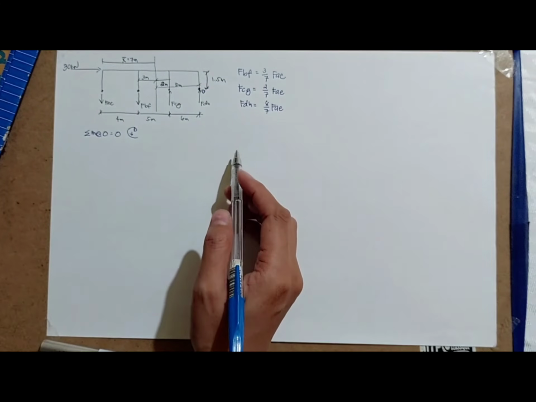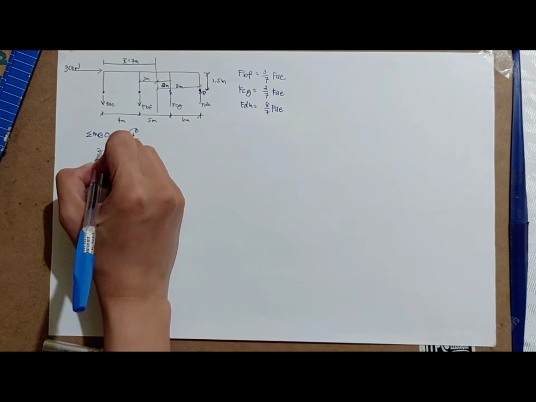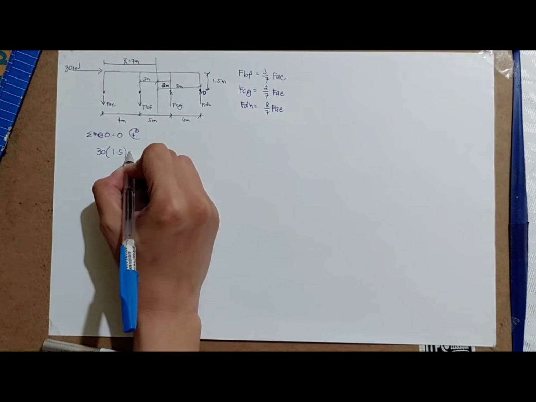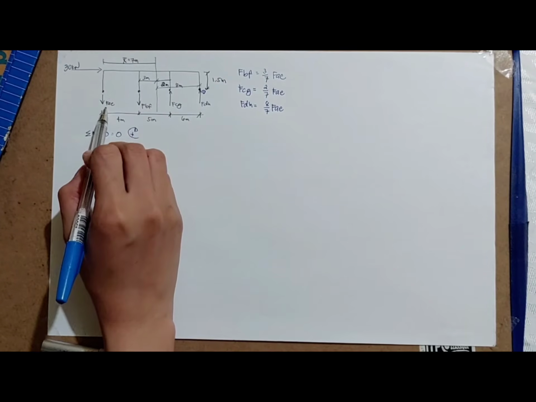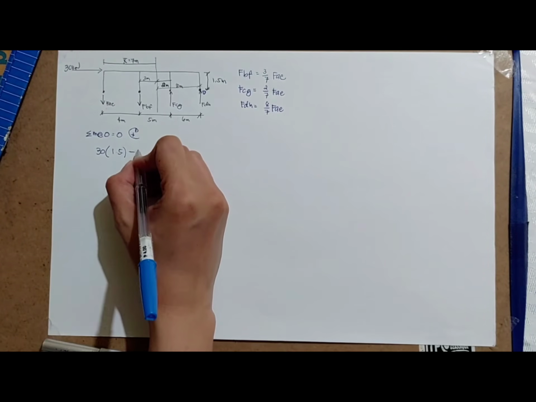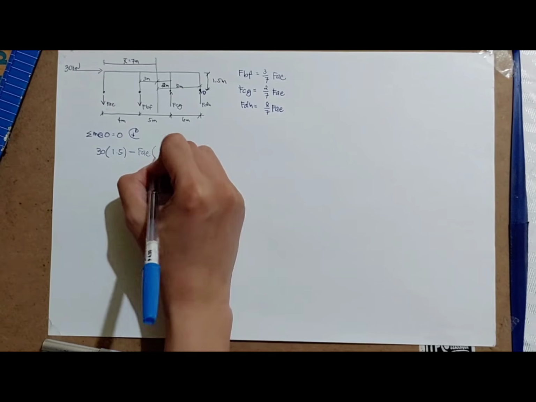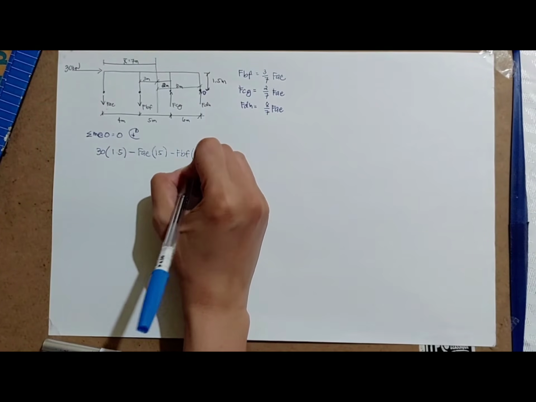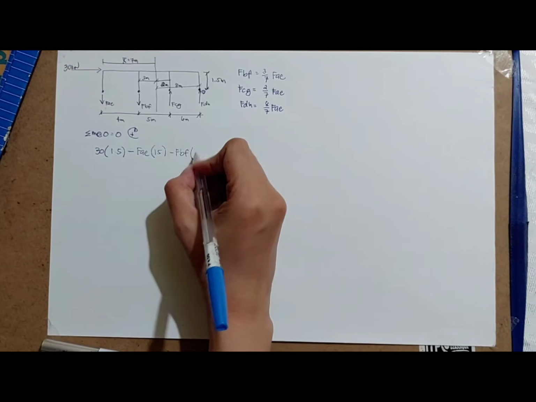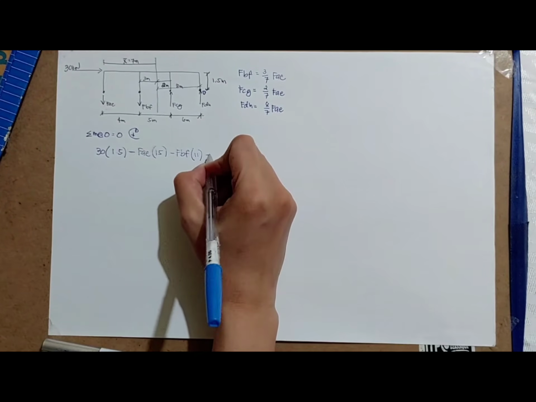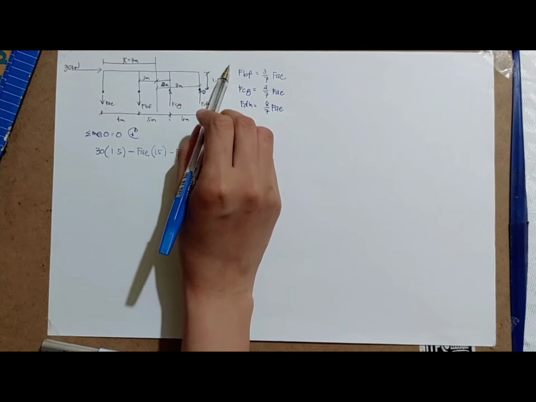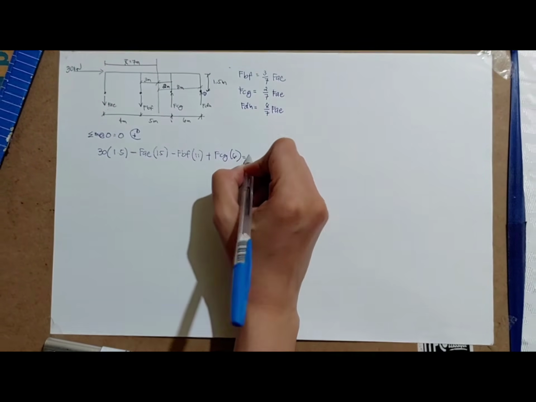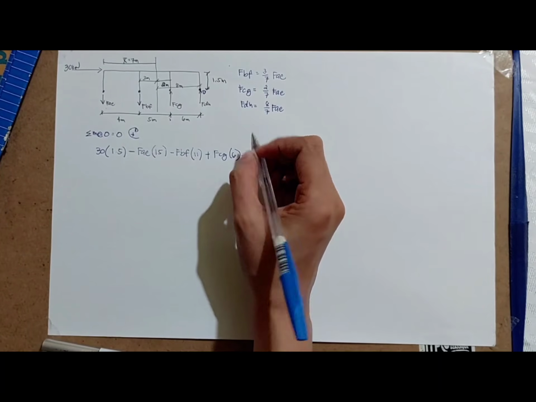So we have 30 multiplied by 1.5, minus. Why minus? FAE is counterclockwise. So we have FAE multiplied by 15, minus FBF multiplied by 5 plus 6 is 11. Next, plus. Why plus? Because this is counterclockwise. So, FCG multiplied by 6 is equal to 0.